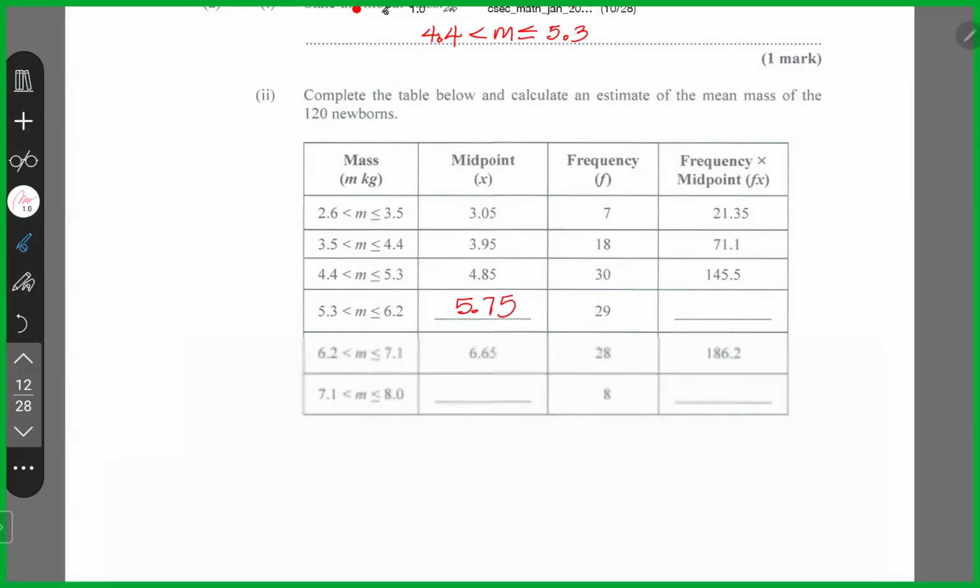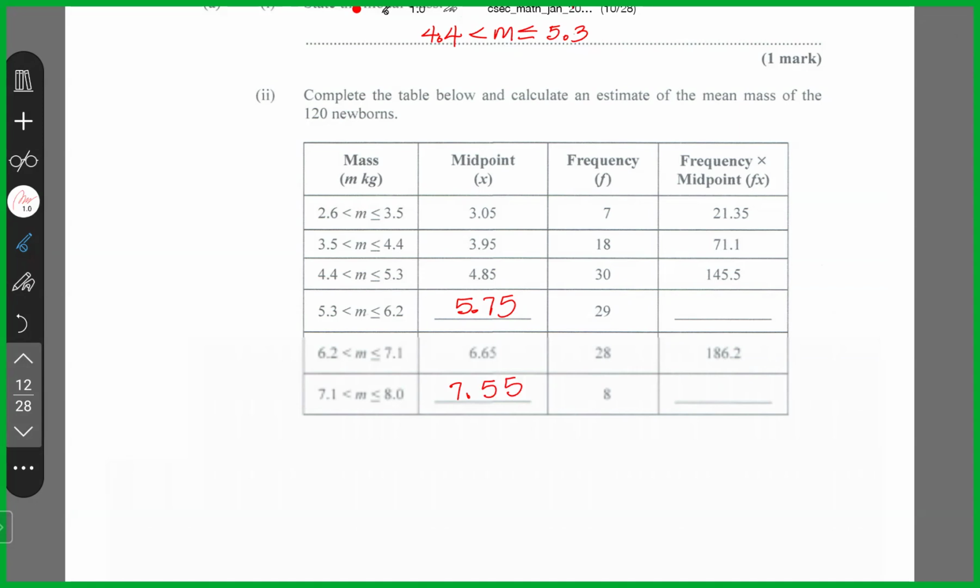Now 6.65 plus 0.9, and we get 7.55. Now, over to the right, we have the frequency times the class midpoint.